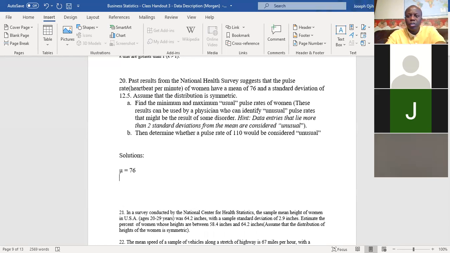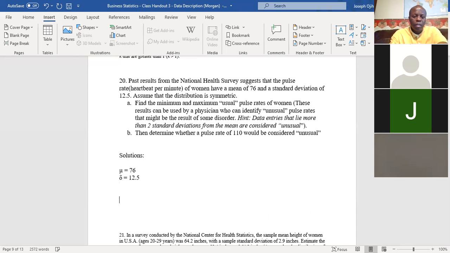And the standard deviation, where is it? Oh, I see it right here. The standard deviation is 12.5. Then part A says to find the minimum and maximum usual pulse rate for women.